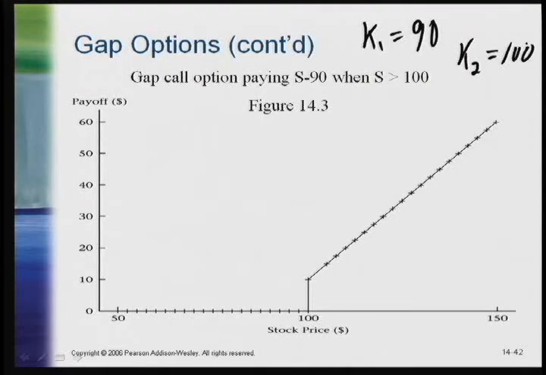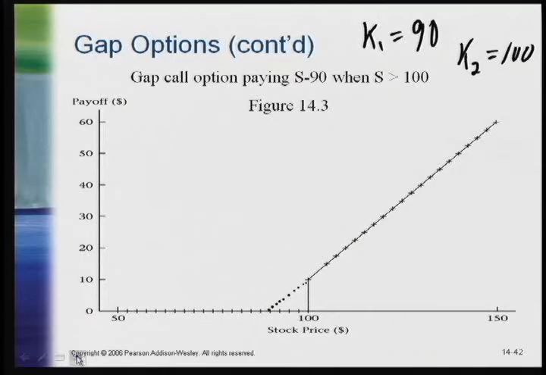But here, in a sense, compared to a vanilla call, the long position forgoes these payments. Consequently, one would expect that this option is cheaper than a call option with a strike of 90, because the long position is foregoing these other payments.